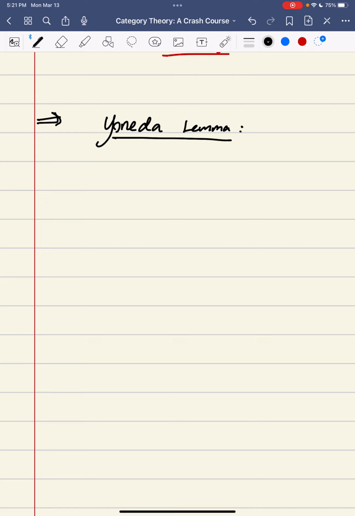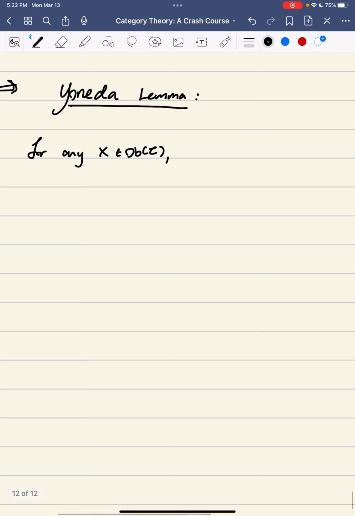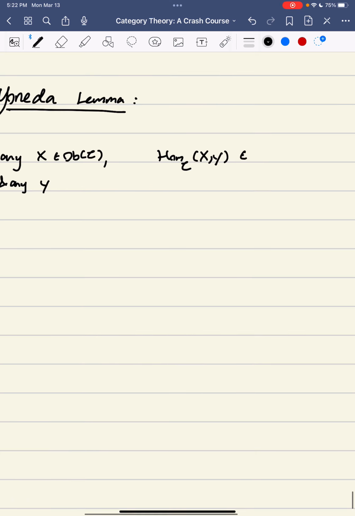Let's talk about a really concrete thing. For any object X in some category C, we can define some easy functors. For any Y in C, the collection of morphisms from X to Y is a set.